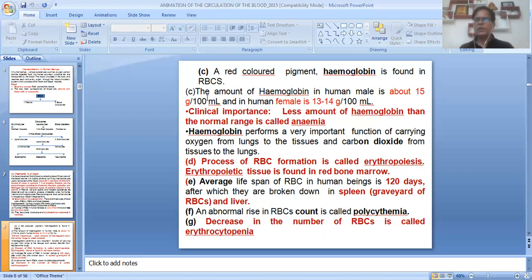So two words are there: polycythemia and erythrocytopenia. Got it?